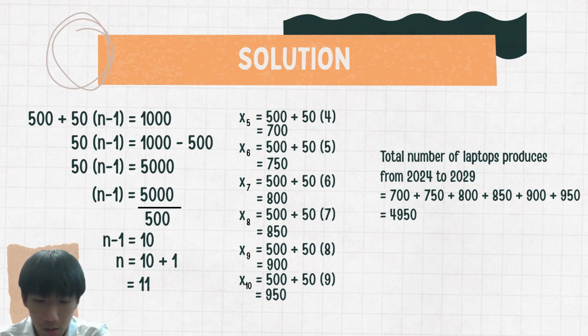We need to find the fifth term to the 10th term, which means 2024 to 2029. So we put them into the formula and find the fifth term to the 10th term. After that, we just add them all up and we will find the total number of laptops produced from 2024 to 2029.